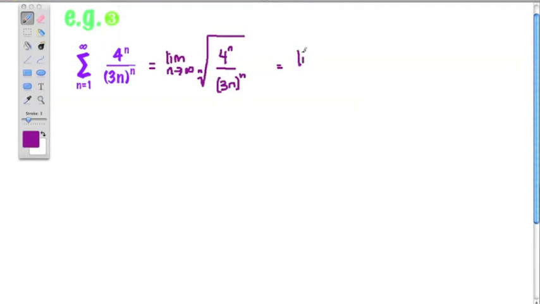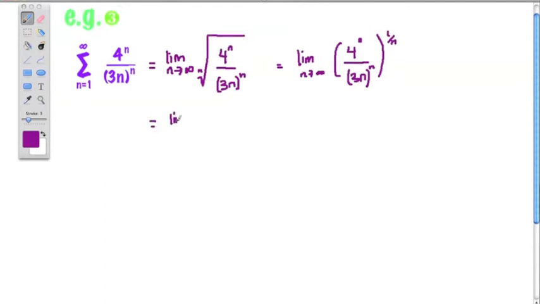And then we continue, the limit to infinity of 4 to the power of n over 3n to the power of n. The root, we will change it to 1 over n. Then we solve it.